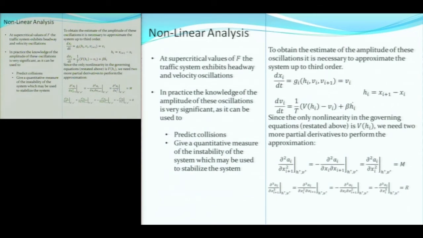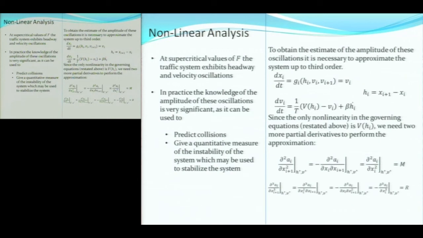Knowing the amplitude of these headway oscillations and velocity oscillations, we can predict whether collisions or traffic jams are going to occur. As well, it may give us a quantitative estimate of what it would take to fix the system once it's gone unstable. One can adjust these parameters for the system to become stable once it's unstable.